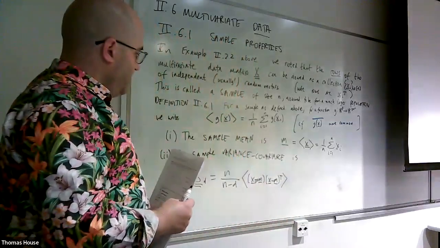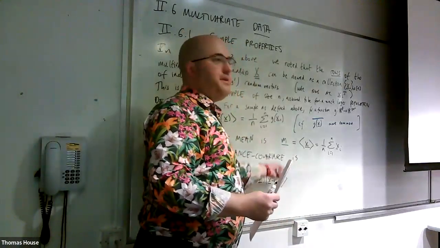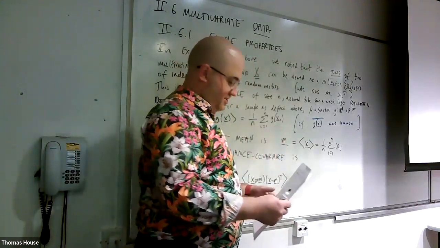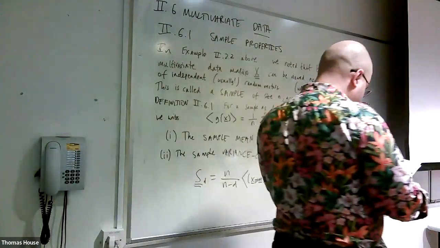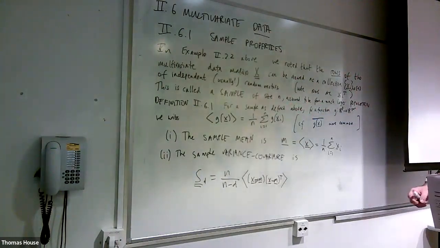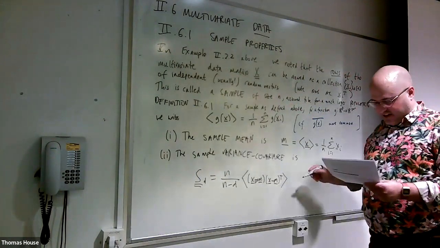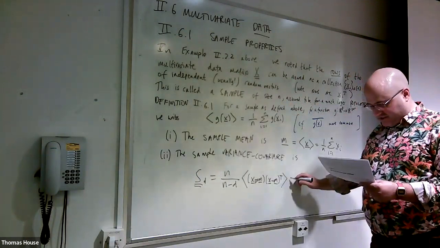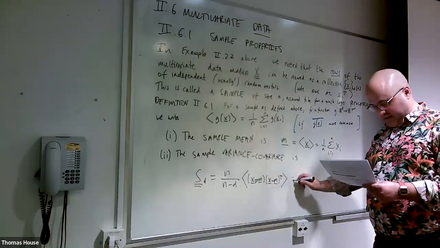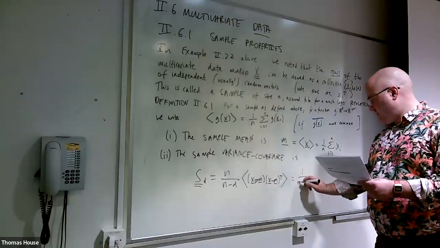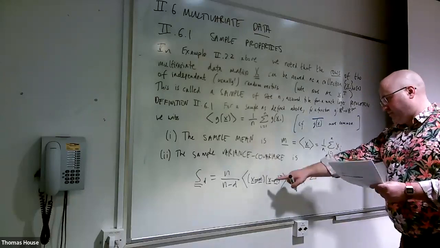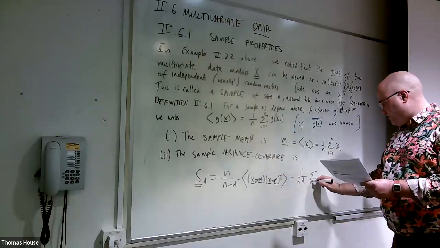We take off the mean, and then we look at an outer product, so the product of every bit of the vector with every other.